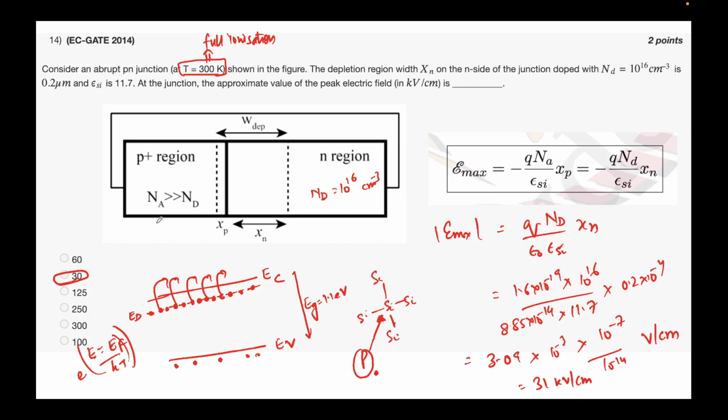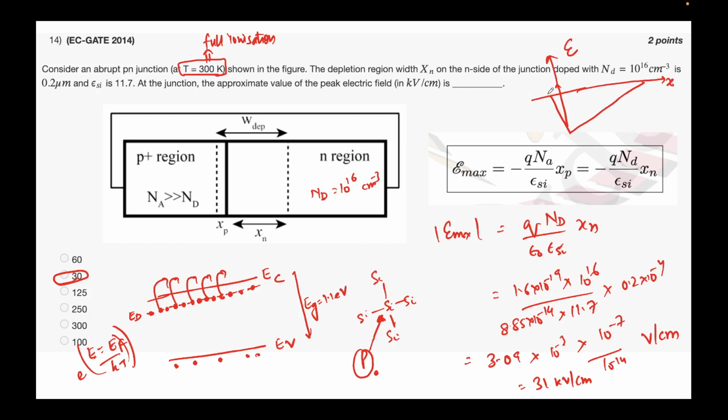If you draw the profile, let me draw it here. It looks something like this. So x is your length and this is your electric field.